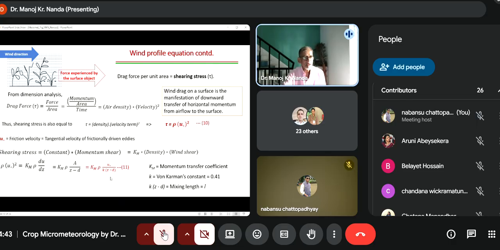So this becomes a very simple formula ultimately. Rho U asterisk square is equal to momentum transfer coefficient into rho into U asterisk by K into Z minus D. Now equating these two, the momentum transfer coefficient becomes simply U asterisk into K into Z minus D. This K into Z minus D is called mixing length in micrometeorology, and U asterisk is called your friction velocity. So friction velocity into mixing length becomes my momentum transfer coefficient.